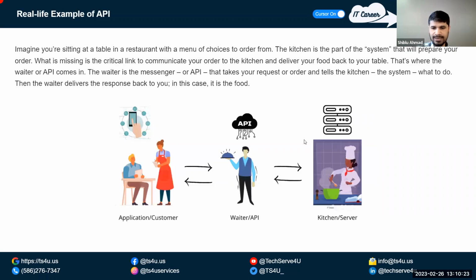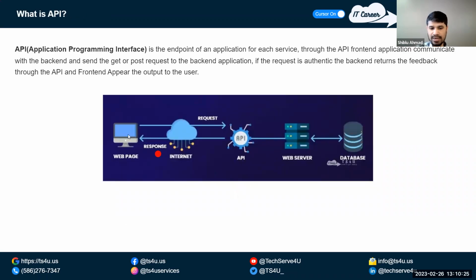Good. So let's go here. Basically, let's think about it. From your browser, when you type your username and password for the Agile LM or ts4u.us, it goes to your internet. And then, of course, you are touching the API. Our API is on the web server, as I said.